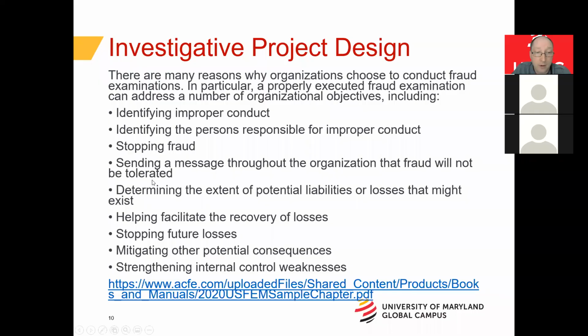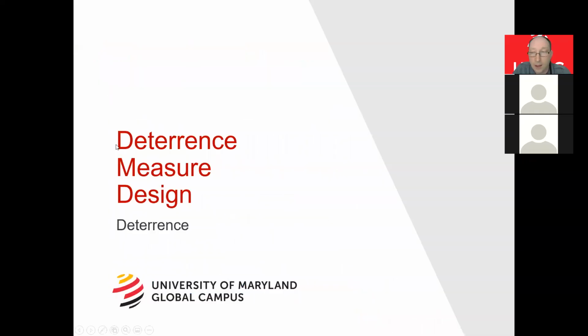Okay, so let's keep going. Let's go on to the third part of your paper, of your project. This is deterrence. We talked about how the case is developed and how the case is investigated. Now let's talk about how we deter that type of fraud from happening again, and how we measure that deterrence.